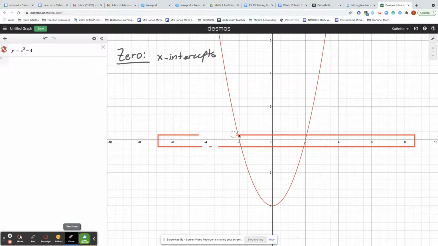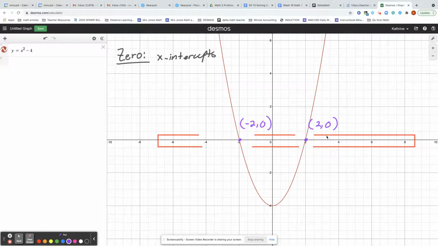Let me just get rid of this part so we can clearly see what I'm talking about. We have a 0 right here, and this 0 is -2 comma 0, and this 0 over here is 2 comma 0. And we'll talk about where it is applied.